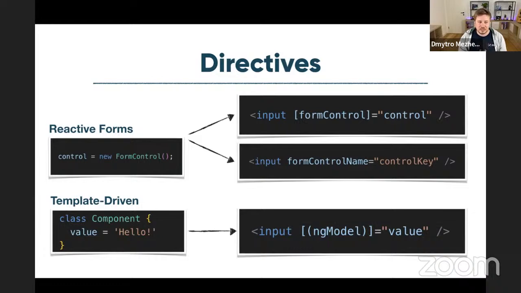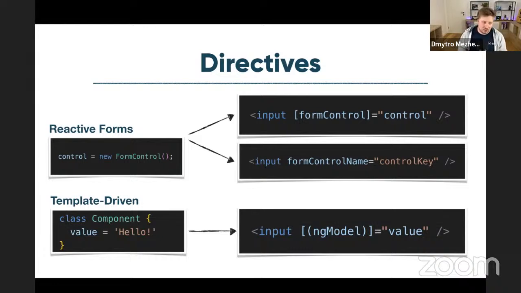Here on the slide, I don't have the full code, but if you worked with reactive forms, you know that you create a form group first, and then inside the form controls, and then you use the formControlName directive in order to match the keys defined in the directive and the key from the form group model.